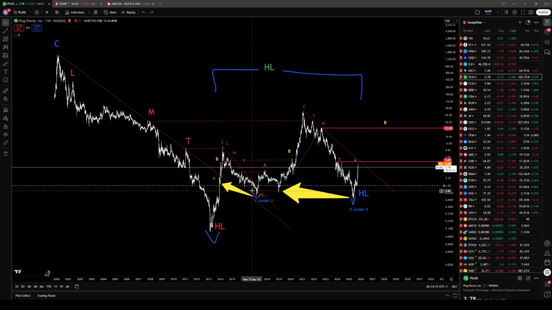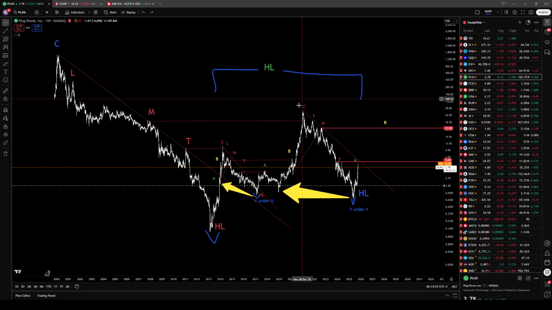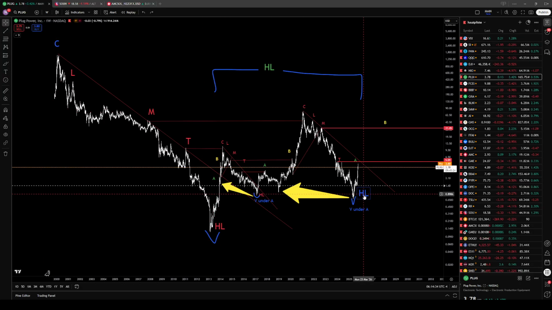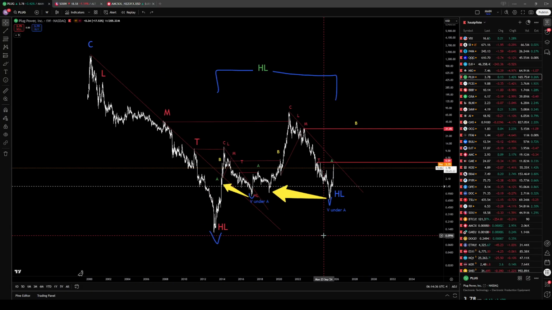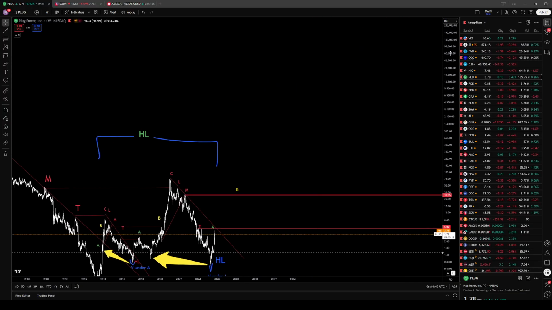The low of B isn't the low of A. So the only way this would make sense is this is your higher low. And the next thing is, why is this whole thing not A? Because you need your higher low before that. So for the overall tracking, this was your peak, and this whole thing would be your higher low. What would come next is your big A, big B, big C.